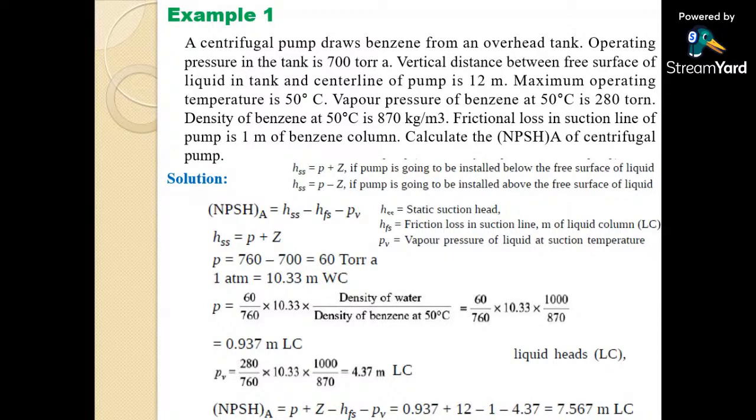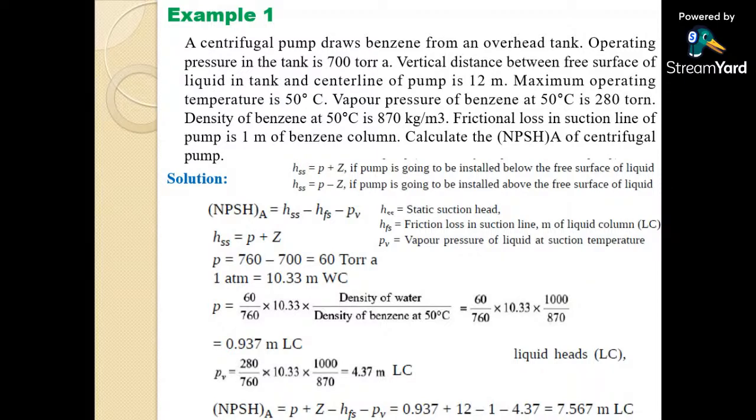Okay. So from this equation number 2, HSS is to be calculated, and we have to get HSS. To obtain the HSS, what is the value of P? Available pressure. It is the vacuum pressure. So the vacuum pressure available in the system is 700 torr.